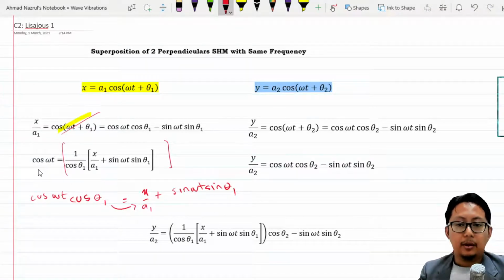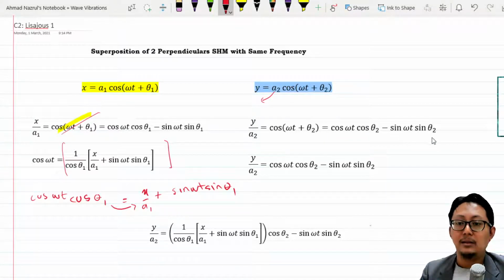And then we move to the y-axis simple harmonic motion. Again, we bring A2 over, so we have y over A2 equals cos(omega t plus theta 2). Using the trigonometry identity, we get cos omega t cos theta 2 minus sin omega t sin theta 2. So this will be the equation.